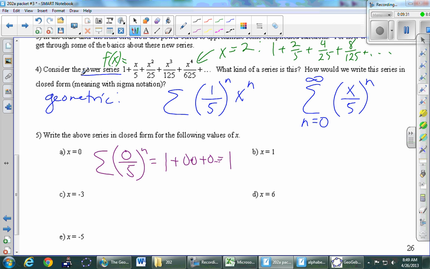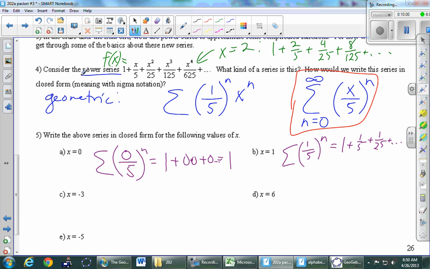Super. Let's try plugging in x equals 1. So here, I'm just going to box this one in red. That's the formula that I'm using every time. So here I'm looking at 1/5 to the n, right? If I plug in 1 for all those x's in the original, 1 plus a 5th plus a 25th plus dot dot dot. The question doesn't ask us to do it, but couldn't we figure out what the answer is?